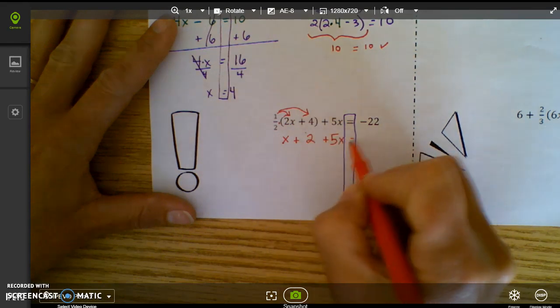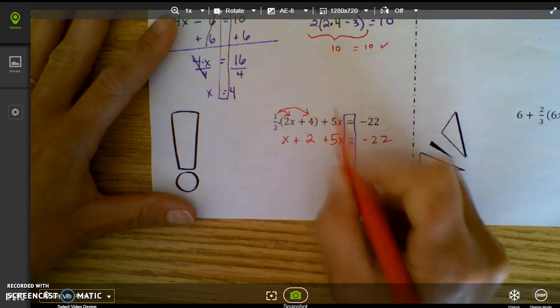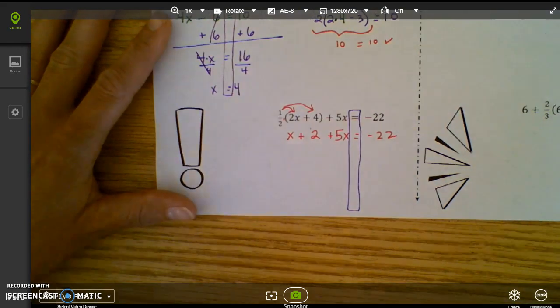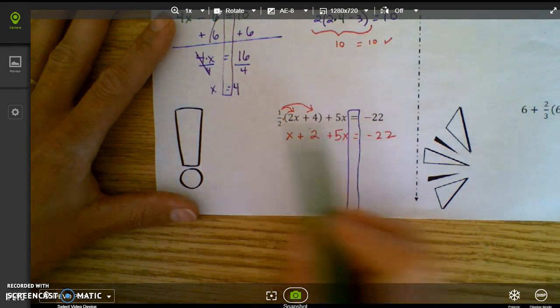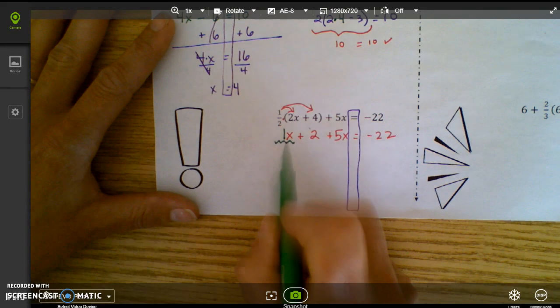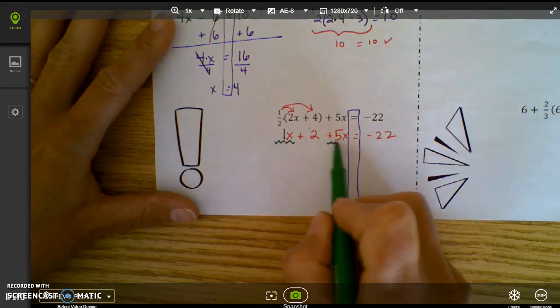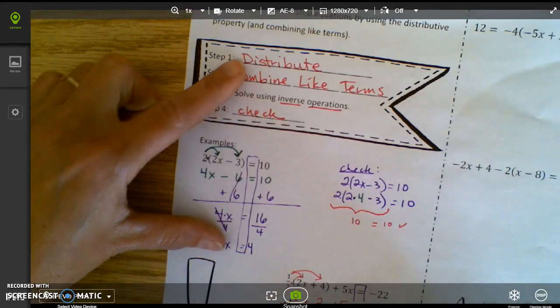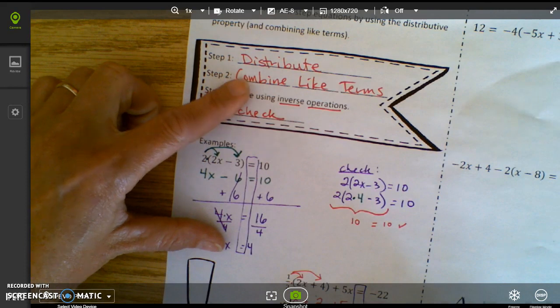And then, as always, we need to bring down the other terms that we haven't been working on yet so that we can see what we have. What we have is a really crowded left side to our equation. We have 1x, remember the invisible 1 that you want to draw, plus 5x, which we know is 6x. So by doing that second step, remember we said after distributing you sometimes have to combine like terms.